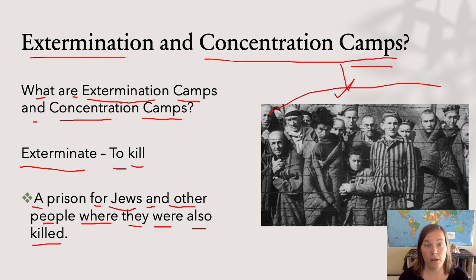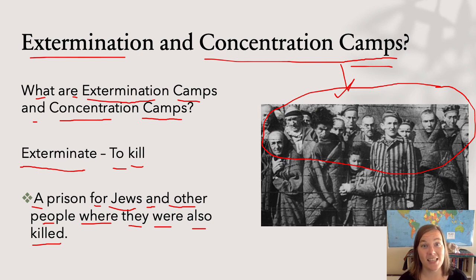Jewish people and people who the Nazis did not like, they would capture them and send them to extermination and concentration camps to kill them or to keep them there.